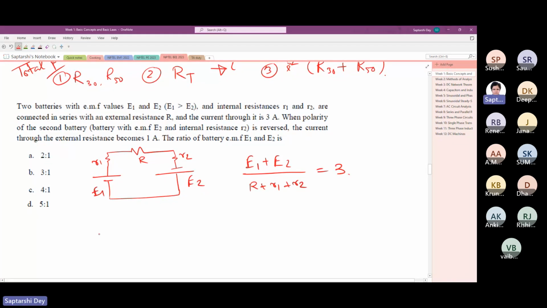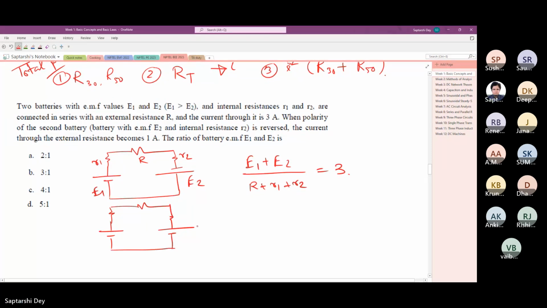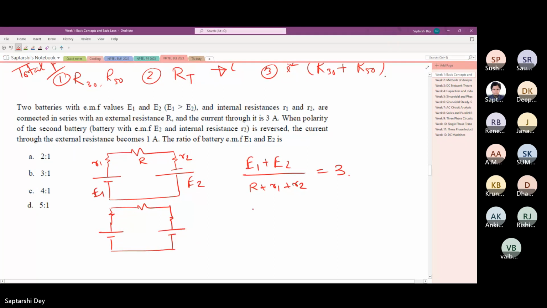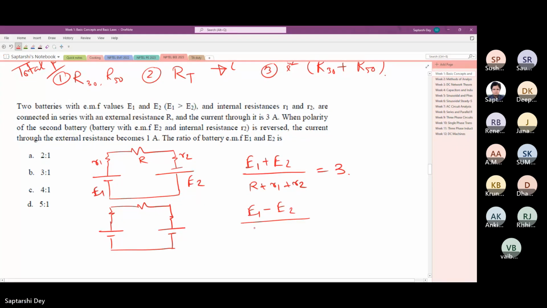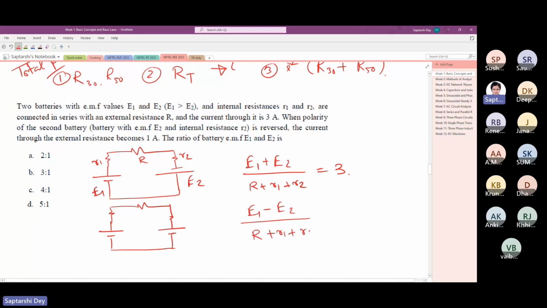Now they are reversing the other battery. Doesn't matter which battery you reverse. It is now like this. So what you have is (E1 minus E2) by (R plus R1 plus R2) equals 1.